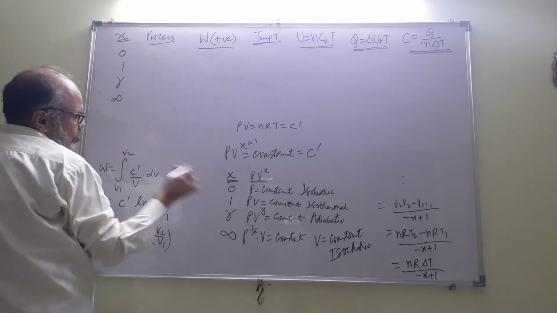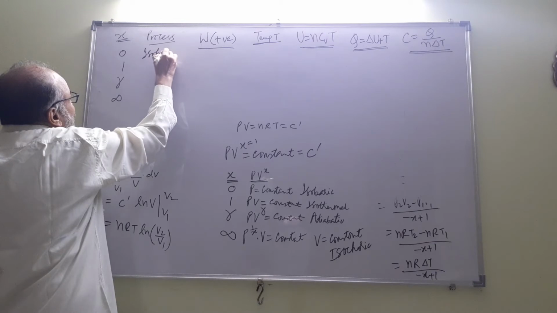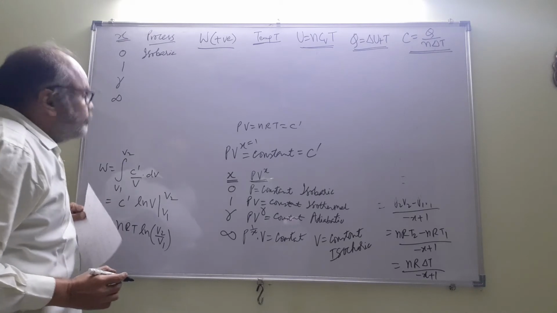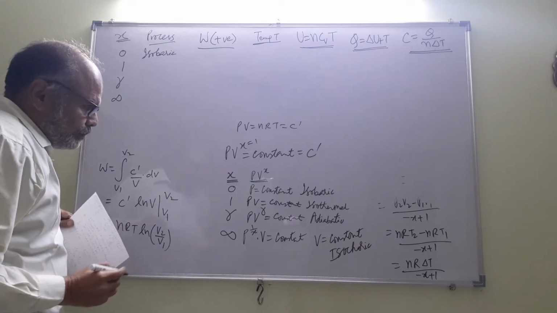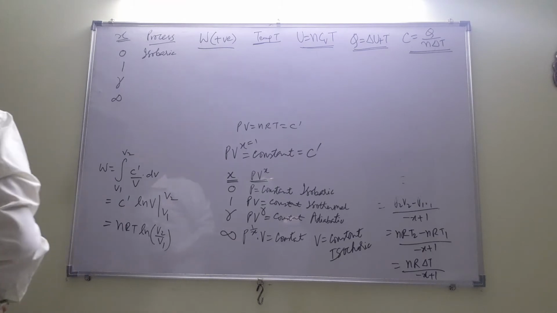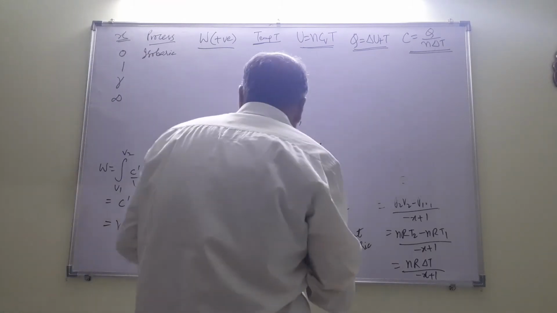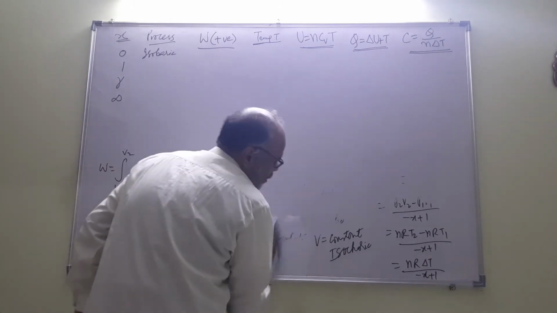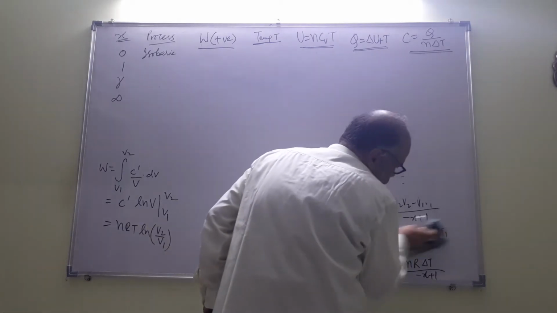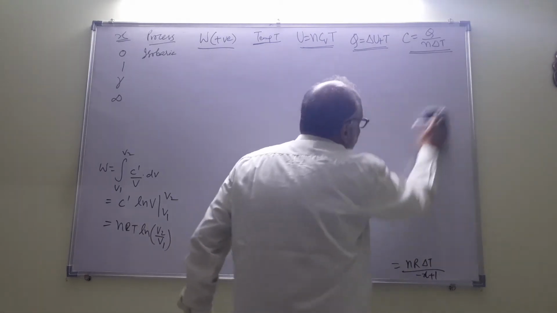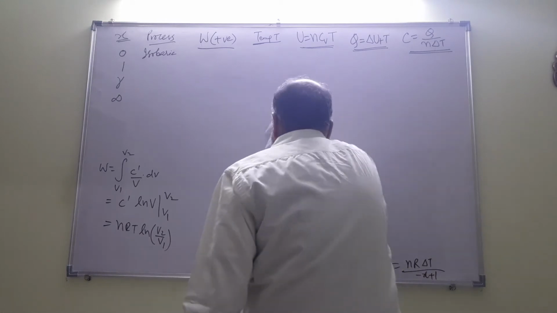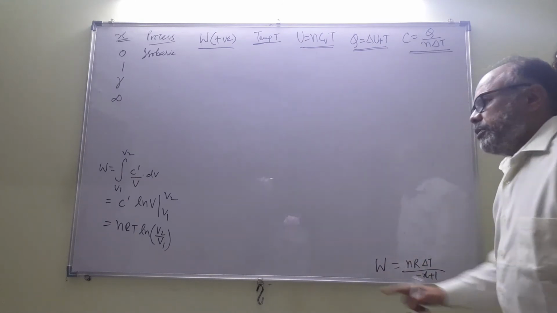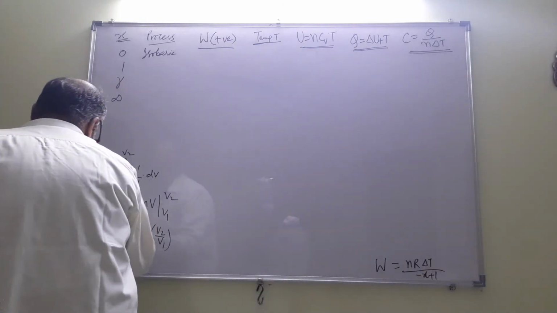So when x is 0, obviously the process is isobaric. We are assuming the work to be positive. See the expression that we had for the work here. That is the work for the general process.